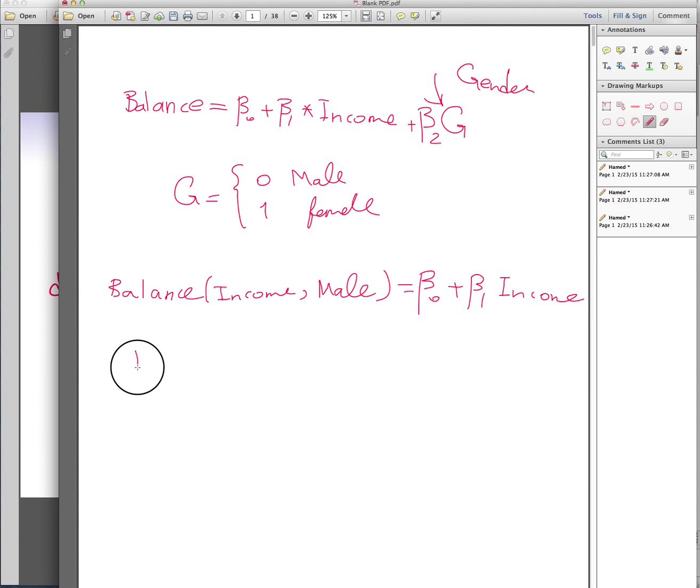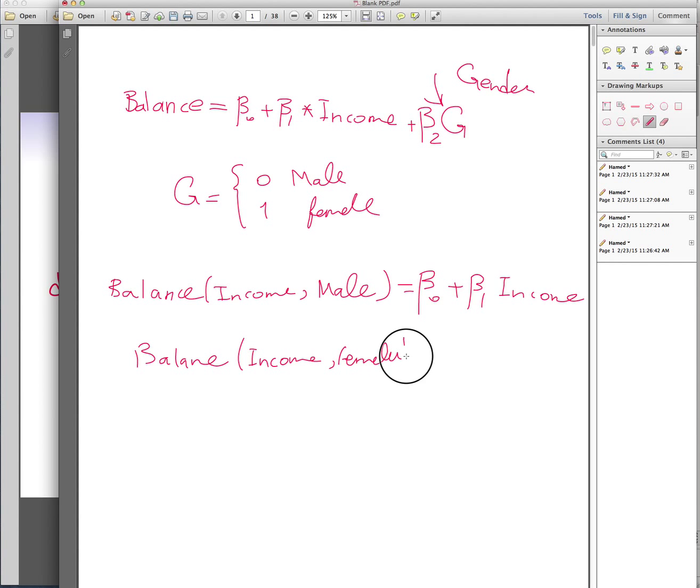So let's see what is balance for income and females. So here, G will become 1. Let's say these are same level of income. So we have beta 0 plus beta 1 income plus beta 2 times G, beta 2 times 1, because we are dealing with female.